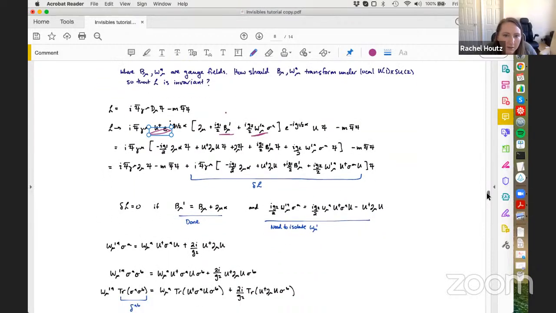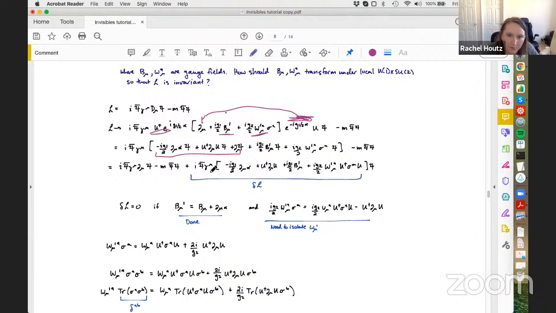And then if we write this out, we get these transformations. We now have to operate this partial derivative on these guys again, which we already did last time, so we know the form of this. So we get these three terms, which we're familiar with from the last part of the question. And then we also have these extra terms, B prime and W prime.